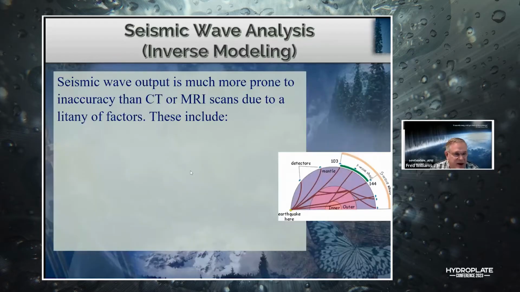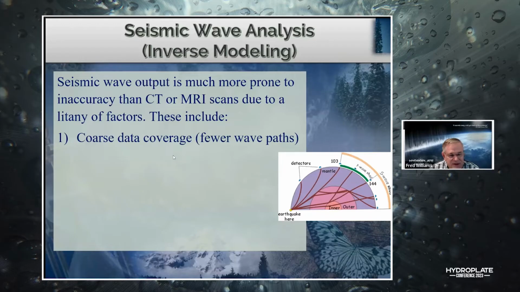Seismic wave output is much more prone to inaccuracy than CAT scans or MRI scans due to a litany of factors, and these include coarse data coverage. With seismic tomography, you're looking at a big picture, and you have only so many earthquakes and only so many detectors around the globe. Curved wave paths: as waves travel through the earth, they're going to run into different things that will make the waves curve.